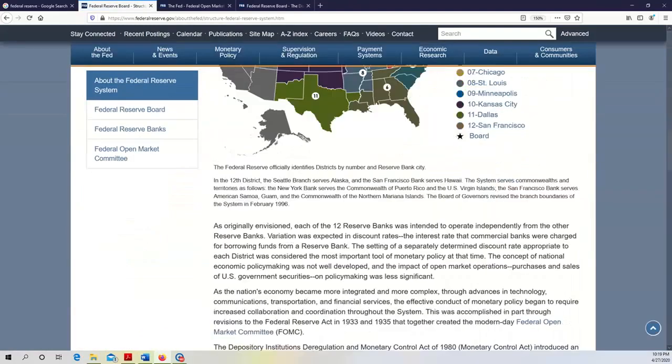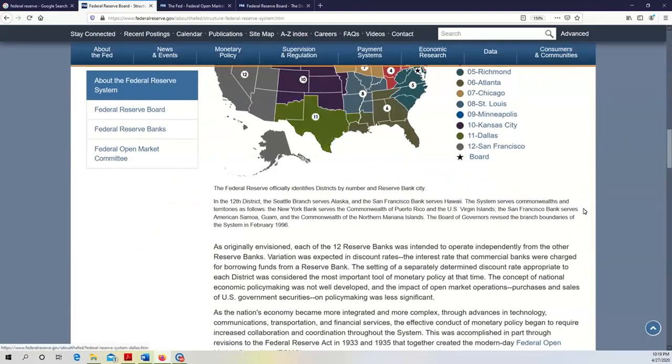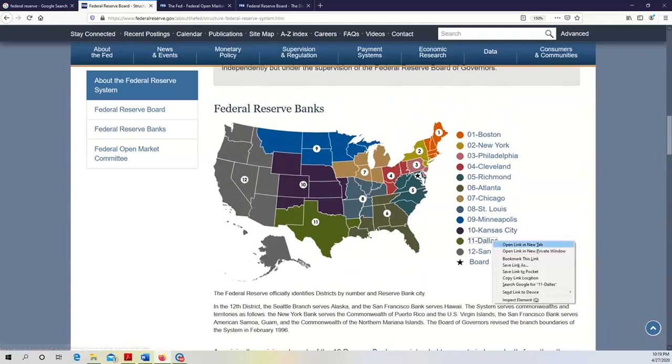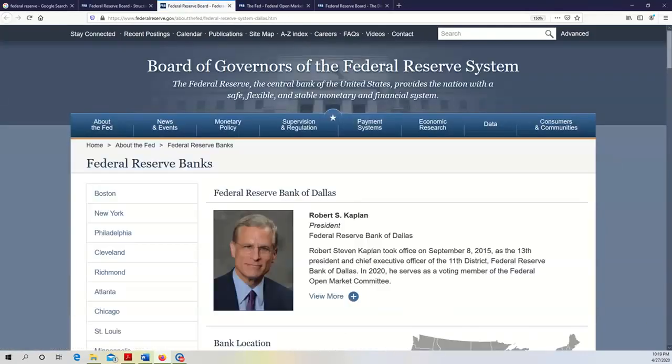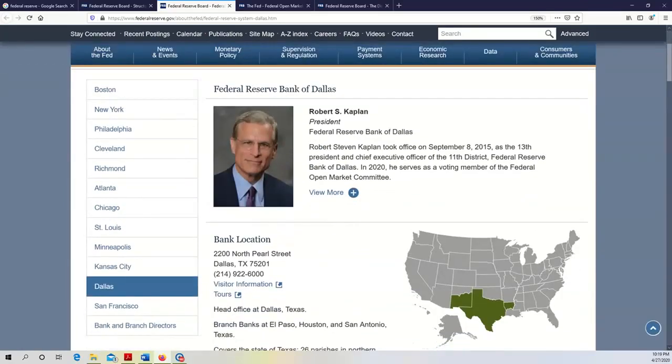So what's the discount rate? For example, take District 11, the Federal Reserve Bank of Dallas. It oversees all commercial banks in District 11, so basically all commercial banks in Texas, part of New Mexico, and part of Louisiana.